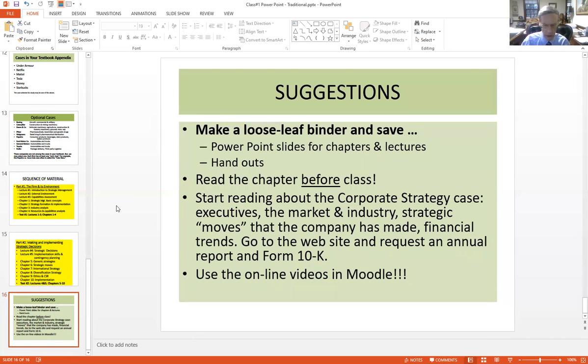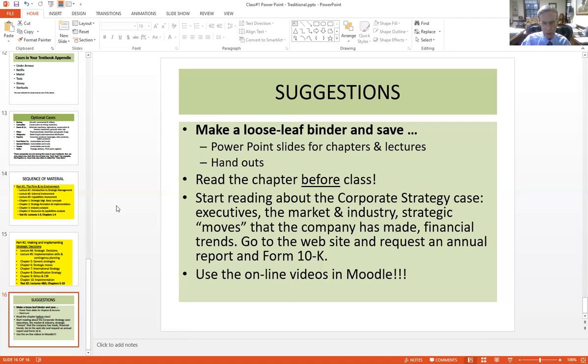A couple of suggestions. First, make a loose leaf binder. Do yourself that favor. Get a 3-ring binder and print those PowerPoints that I mentioned. There's a set of PowerPoint slides for every chapter and every lecture. So why not print them off?